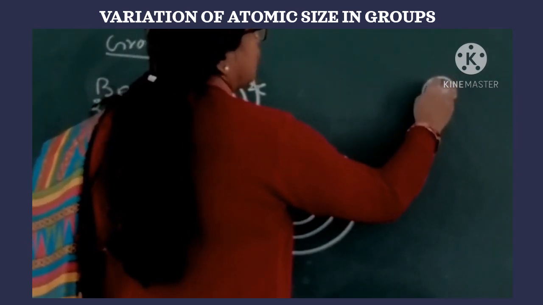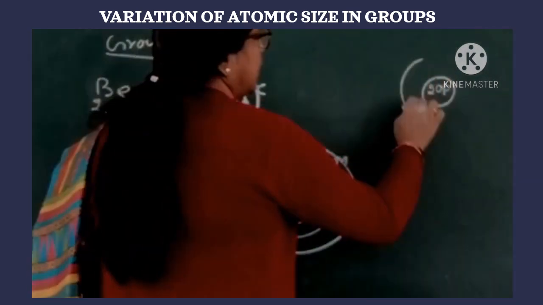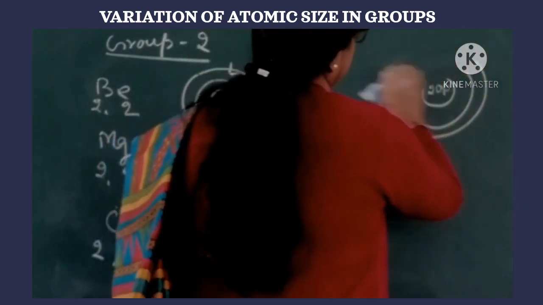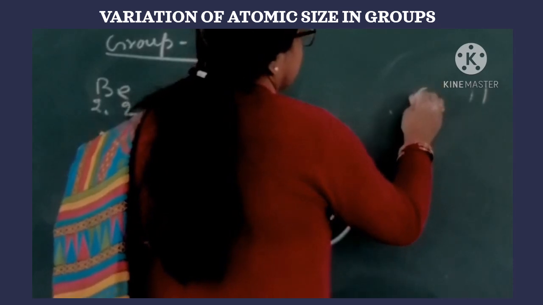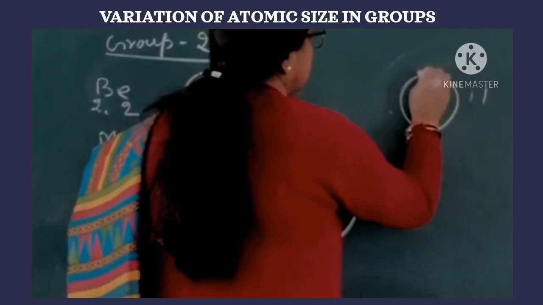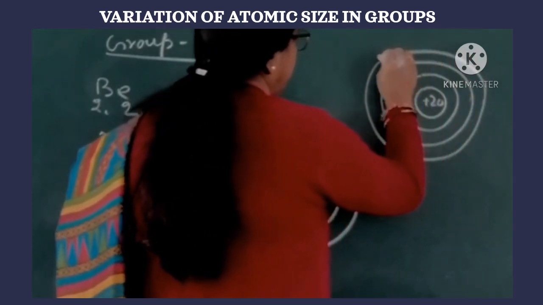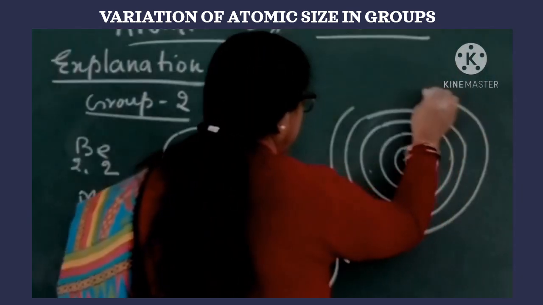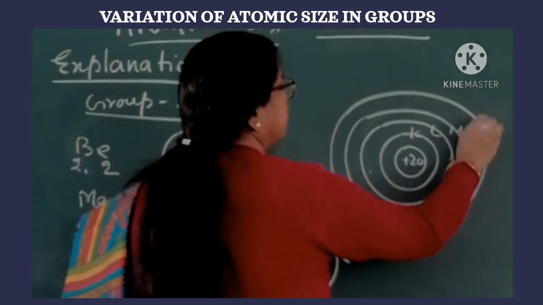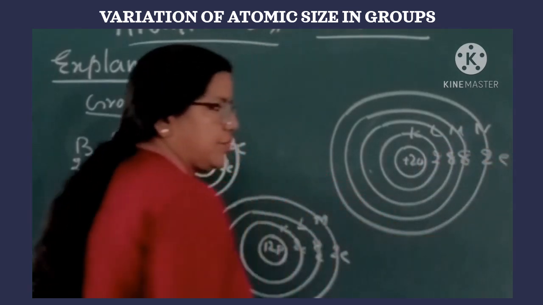It has 20 protons in the nucleus and has K shell, L shell, M and N. It has 4 shells, K, L, M, N, with 2, 8, 8, 2 electrons.